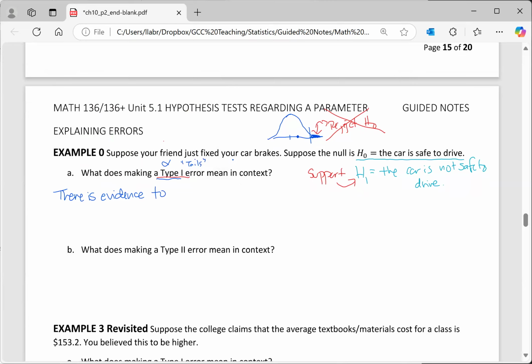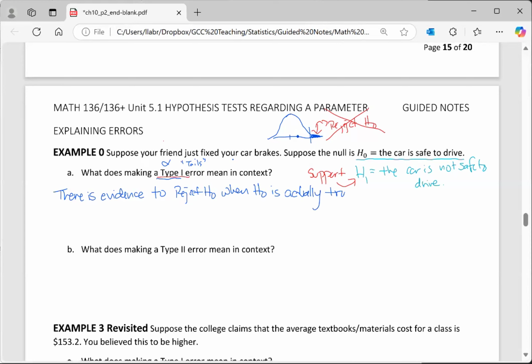So you don't want to say support H1. We're going to say there's evidence to reject H0 when H0 is actually true, right? This is the definition of a type 1 error.